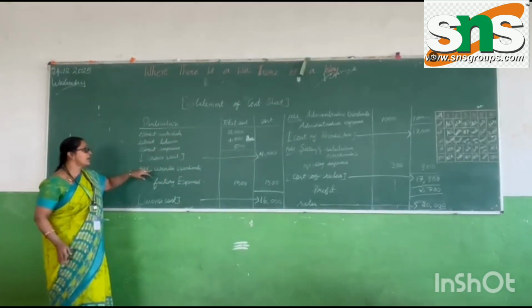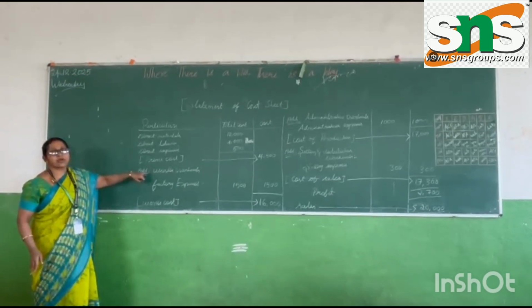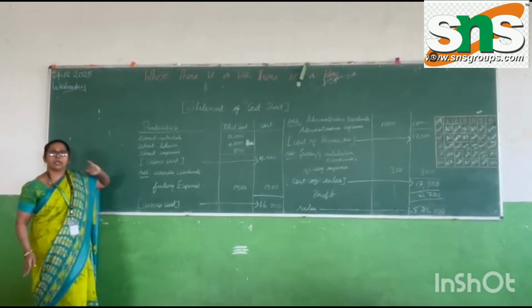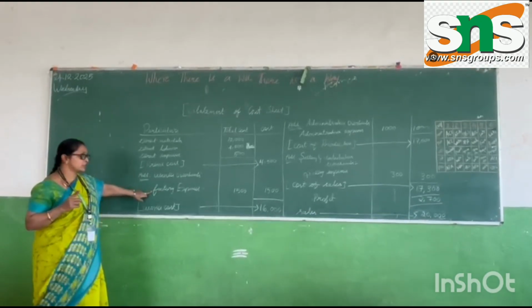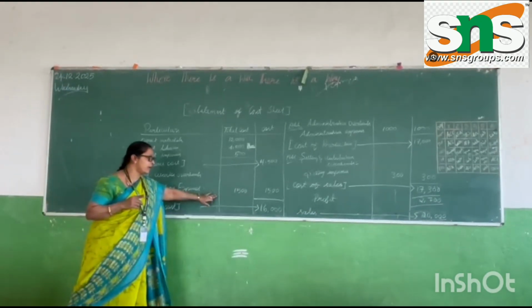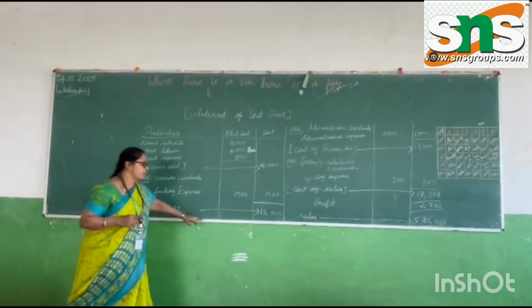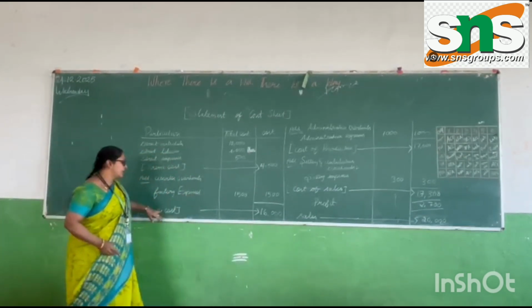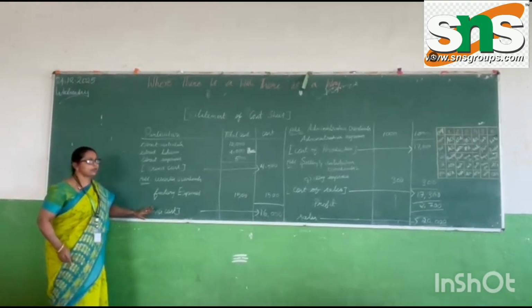That answer is called prime cost. The next step is we add works overheads or factory overheads or manufacturing overheads. Only one item is given, factory expenses, 1,500. We add the 1,500 to the prime cost. We get 16,000. That answer is called works cost or factory cost or manufacturing cost.